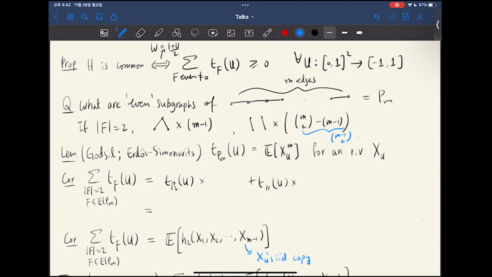There are higher terms like 4-edge subgraphs, 6-edge subgraphs, which is quite complicated, even for this easiest case, which is a path, right? And here's a lemma using a spectral argument. This is originally by Gotzel and written down by Erbish and Shimonovitz in their old papers.